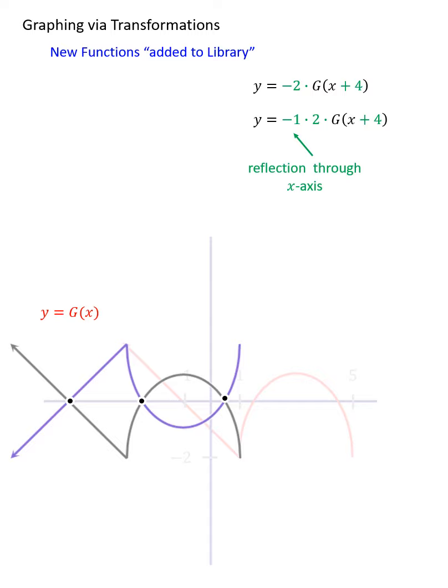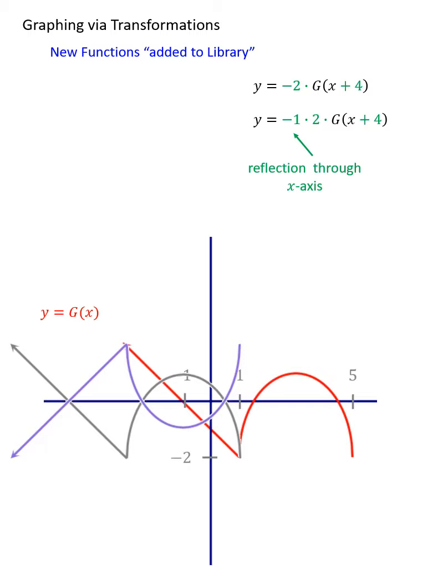You'll notice that these x-intercepts of the before and after reflection didn't move, because when you reflect something through the x-axis, any point that's already on the x-axis reflects onto itself. And so I've completed my reflection here. I'll erase the previous step.